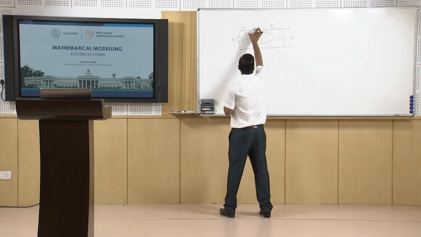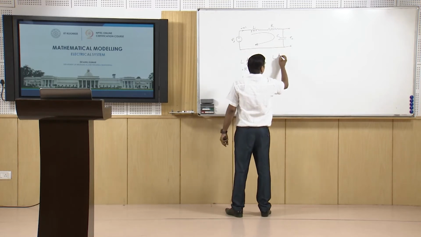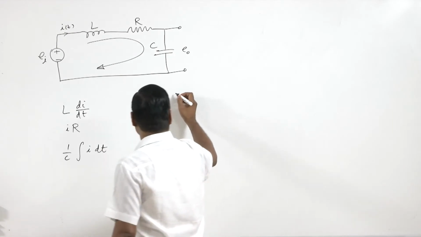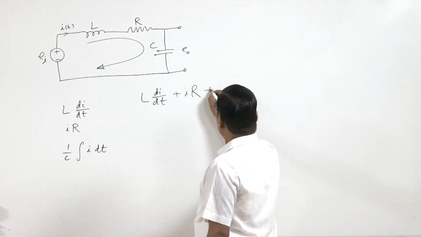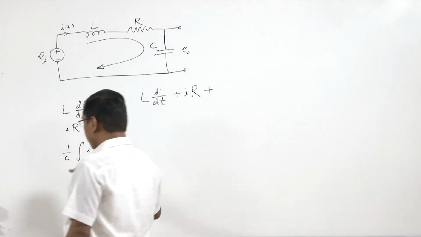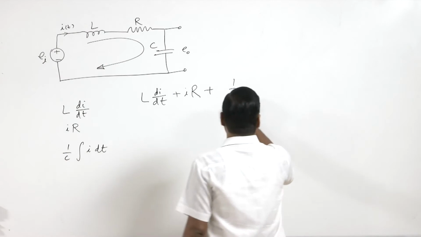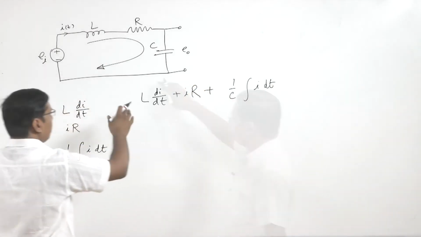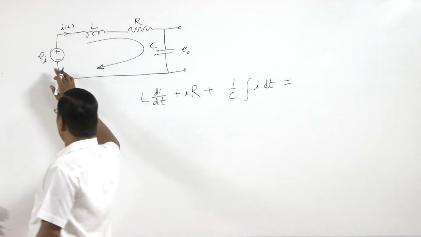So the voltage drop across the inductor is L di by dt, across the resistor is iR, and across the capacitor is 1 by C integral of i dt. This voltage drop should be equal to the voltage gain.